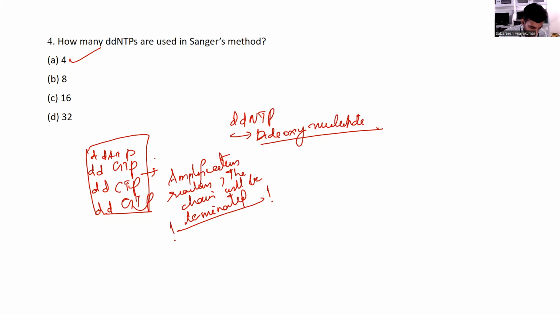Okay. So what happens when a ddNTP is added? You would get more sequence close to the primer and make it more difficult to read, sometimes when the sequence is 200 to 300 nucleotides further down. So the correct answer for this question is option A, 4.